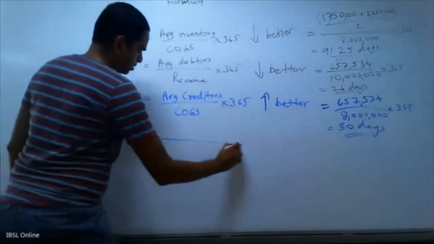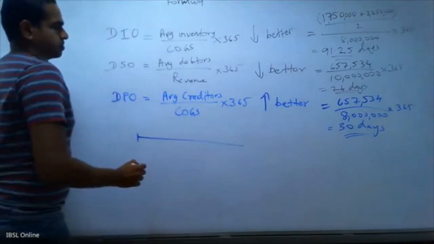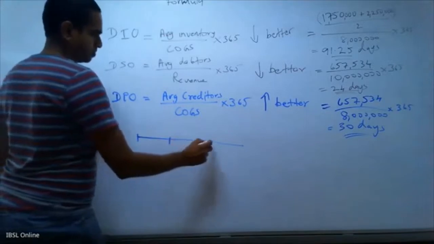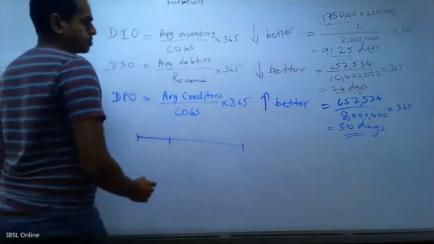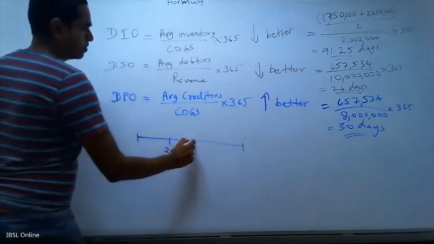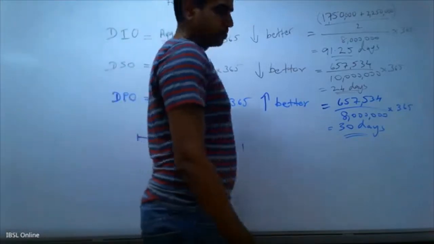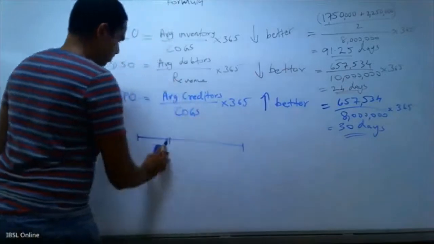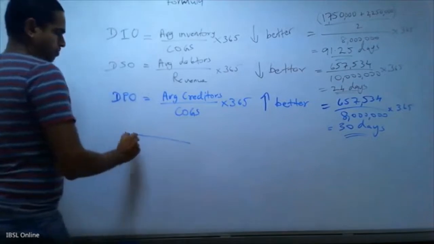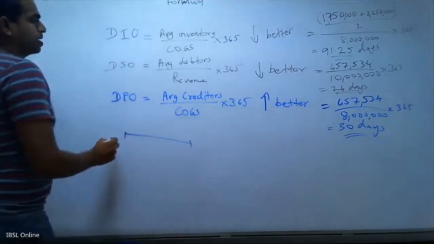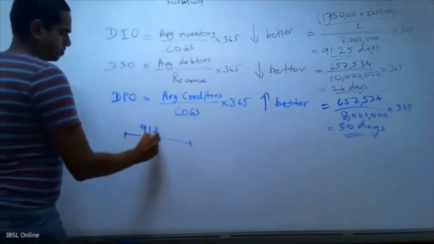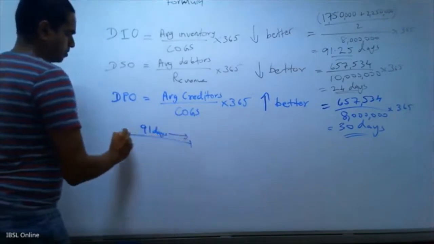So if you just draw this on a small diagram, your inventory is there for 91 days.